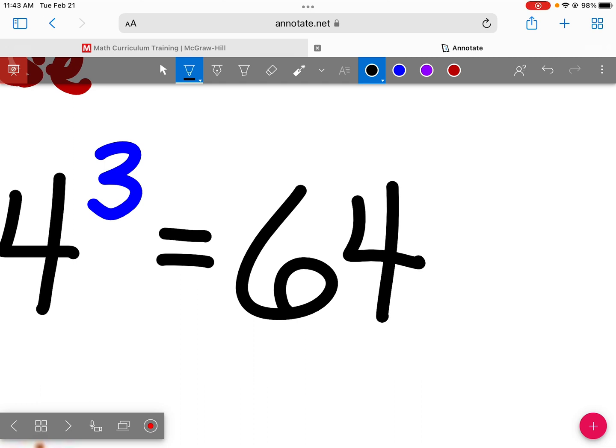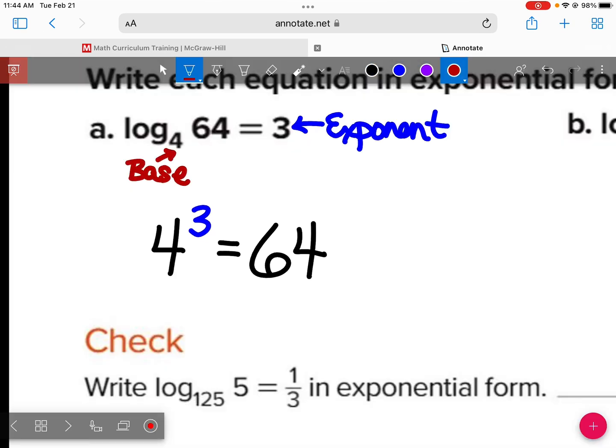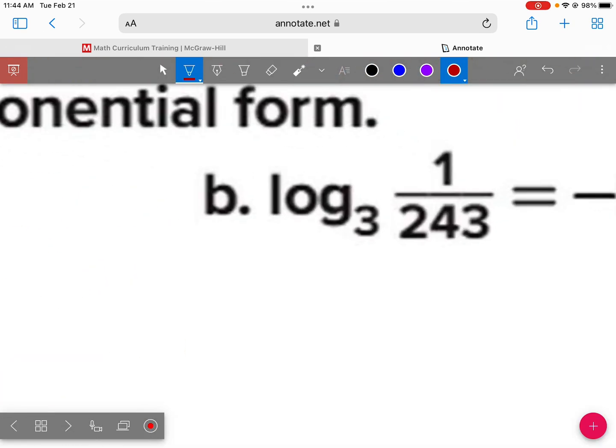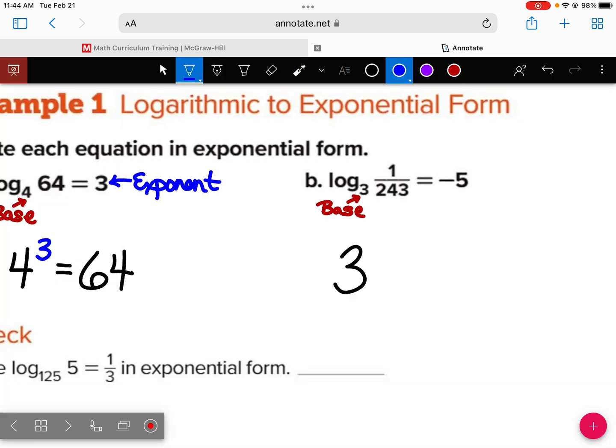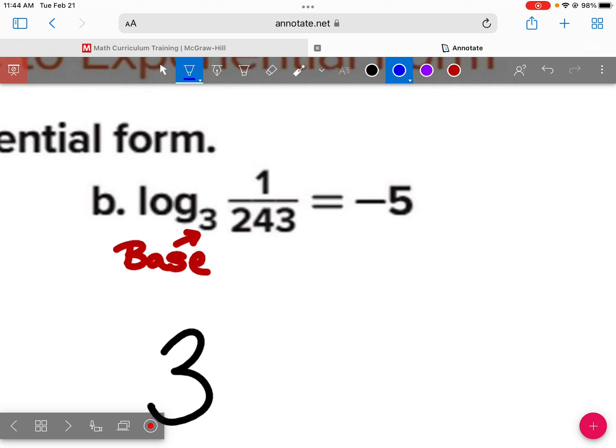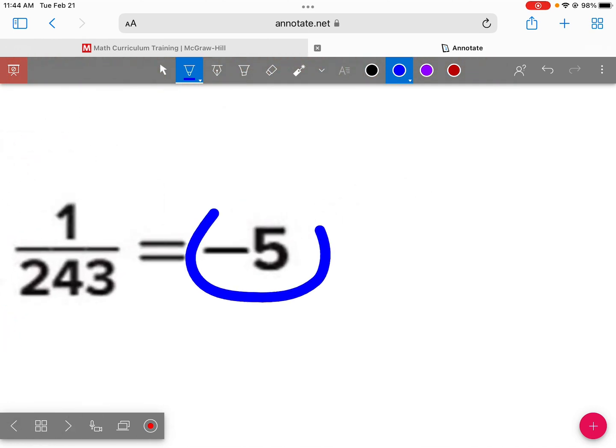This one right here in the middle, part B. What's the first thing I write down? 3. Why? Because it's the base. We always write the base down first when we're changing it into exponential form. What's the next thing I would want in exponential form? The exponent. What is our exponent? -5.